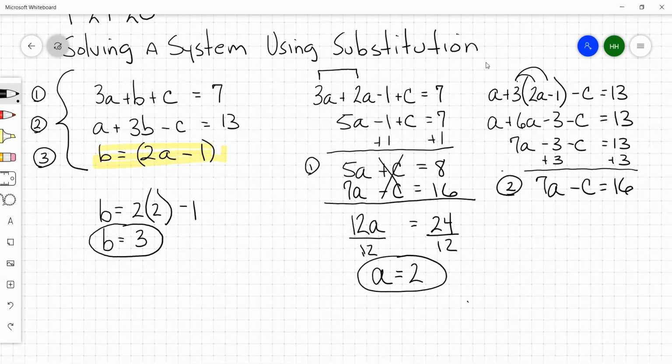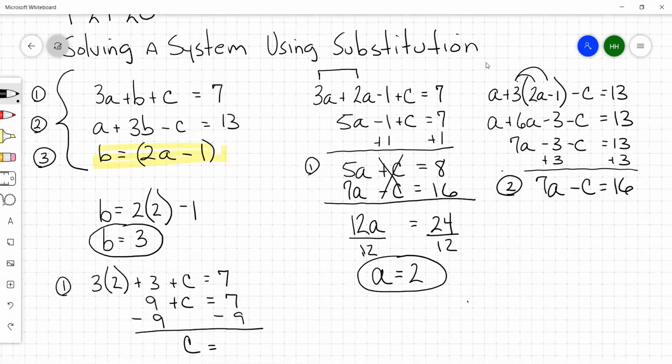And then now we know a and b, so we can go to the original equation number 1 or number 2, and substitute. So I'm going to the original equation number 1, and I've got 3 times a, which is 2, plus b, which is 3, plus c, which equals 7. 6 plus 3, we get 9, plus c equals 7, and subtract 9.